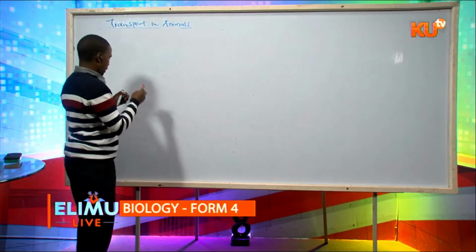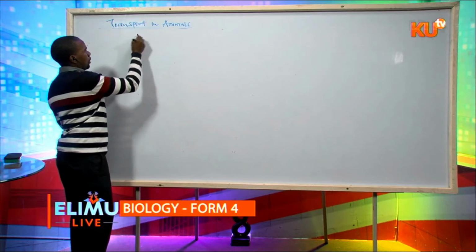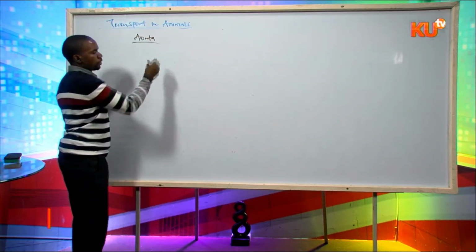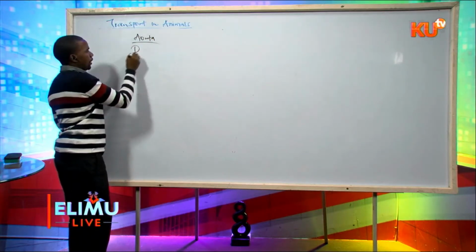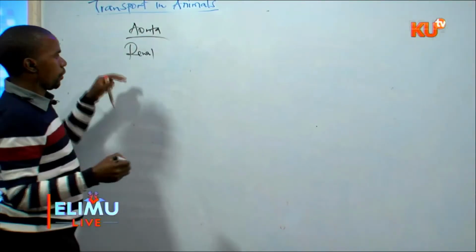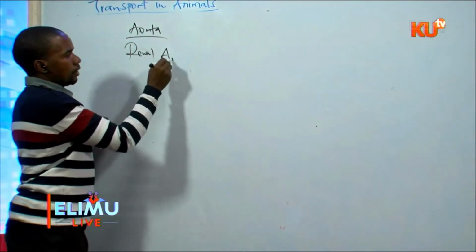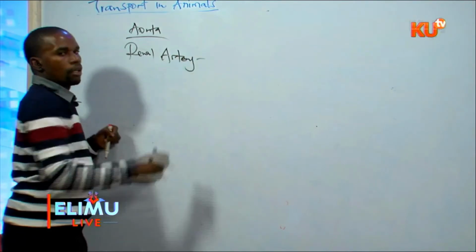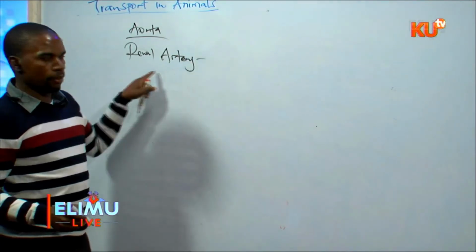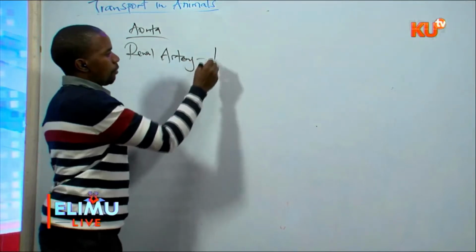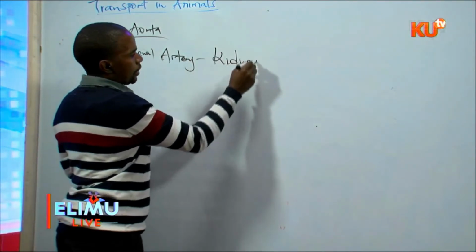So we're saying that the aorta, this one, branches into several arteries. The first artery we look at is the renal artery. Whenever we hear about renal, this is something to do with the kidney.